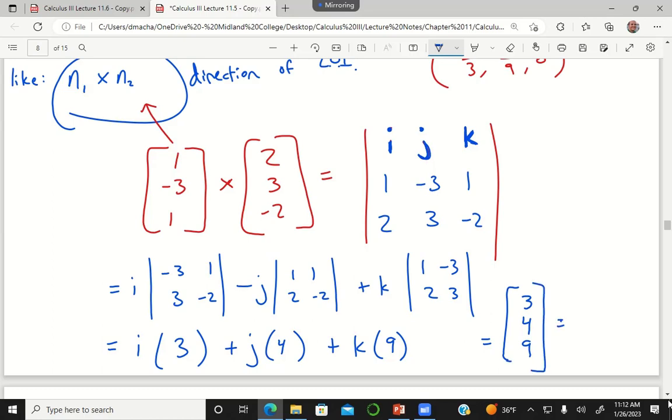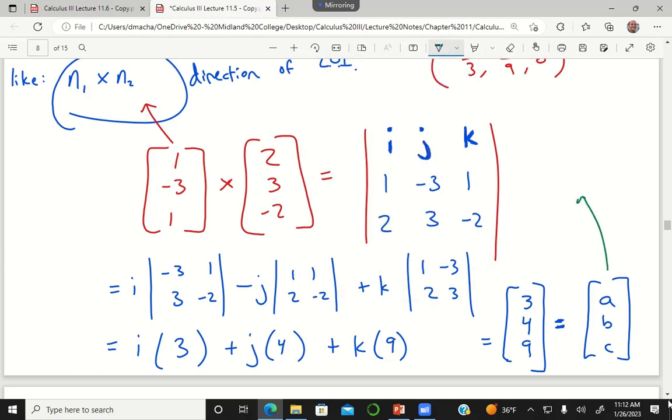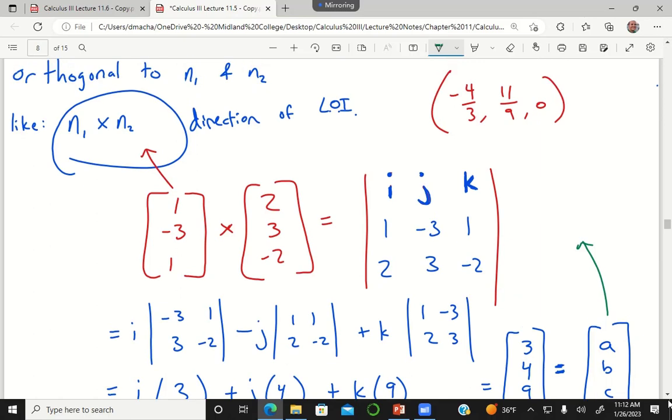And since it's in the direction of this vector, I can use the entries of this vector to be those coefficients a, b, c in my parametric equation for a line. So now that I have a point, x naught, y naught, z naught, that belongs to the line, and I have the coefficients a, b, and c.